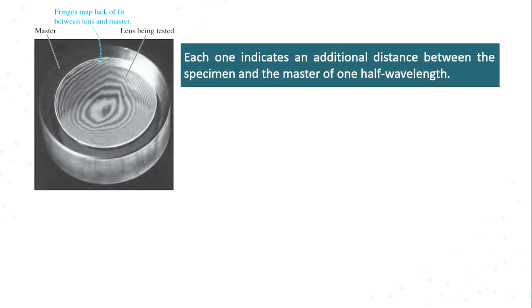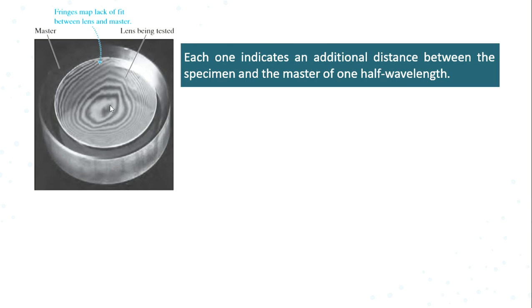So each one indicates an additional distance between the specimen and the master of 1/2 wavelength. So these fringes indicate a distance from the specimen. This lens is the specimen, or the one being tested, and this perfectly flat glass plate here is called the master.